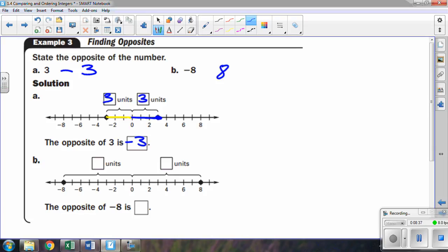I really don't expect anybody to sit down and actually use a graph to state the opposite of the number. I know that you're just going to change the sign, but it is important to have an understanding of why we call them opposites. We call them opposites because they're on opposite sides of a number line. When we have our negative 8, it is posted 8 units to the left of 0.